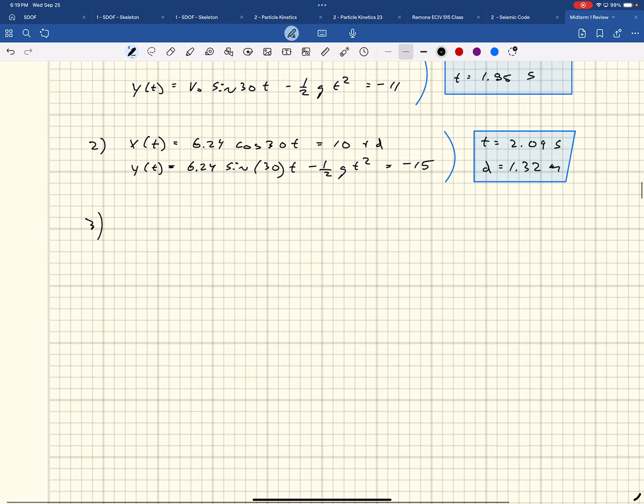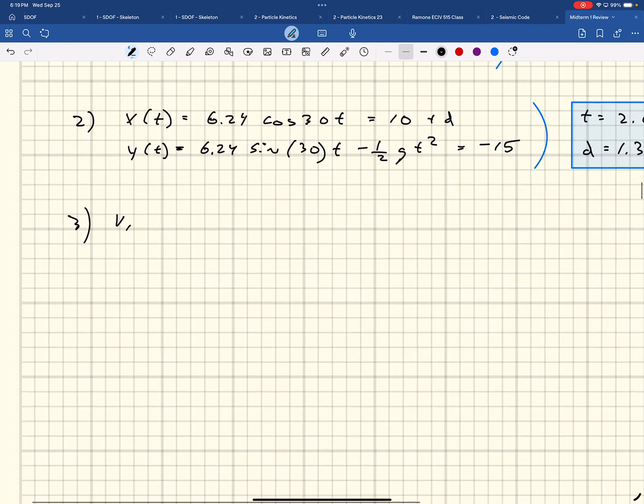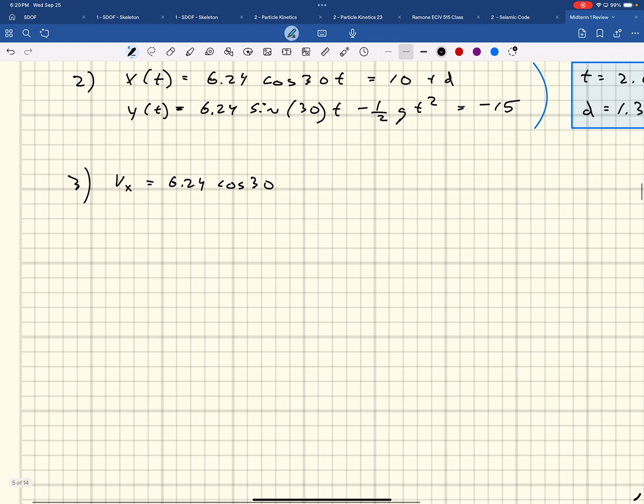This would be the velocity. This again would be in my equation sheet. I have the velocity. That's just gonna be 6.24 times cosine 30. Okay, that's just the velocity in the x direction. And it's not a function of time. It's constant, right? It's constant because there's no acceleration in the x direction.